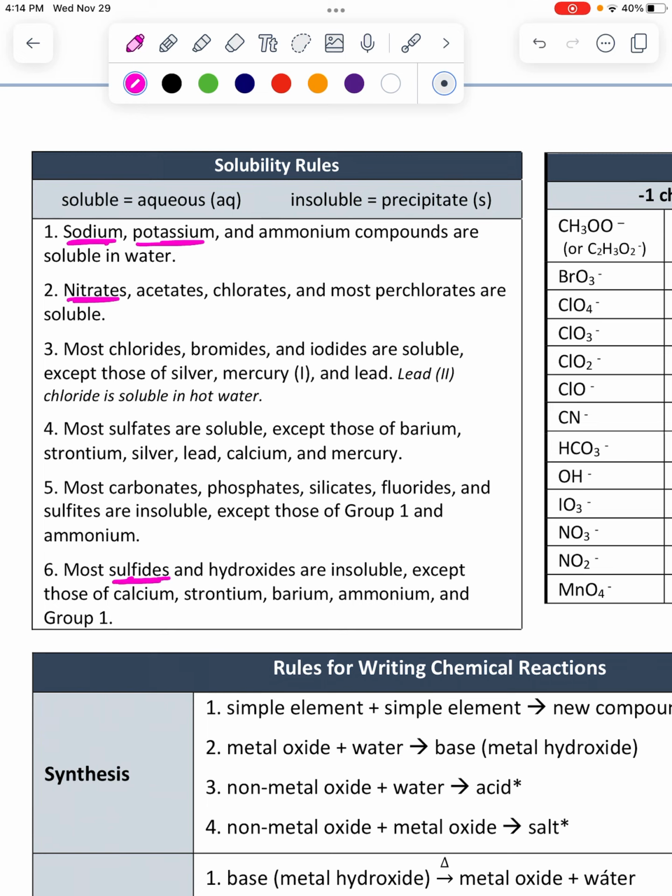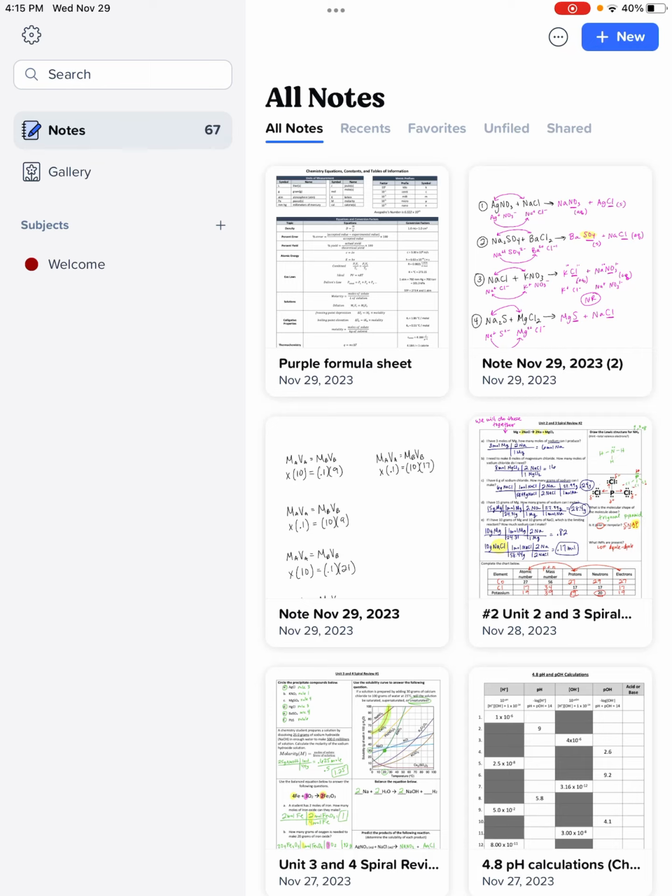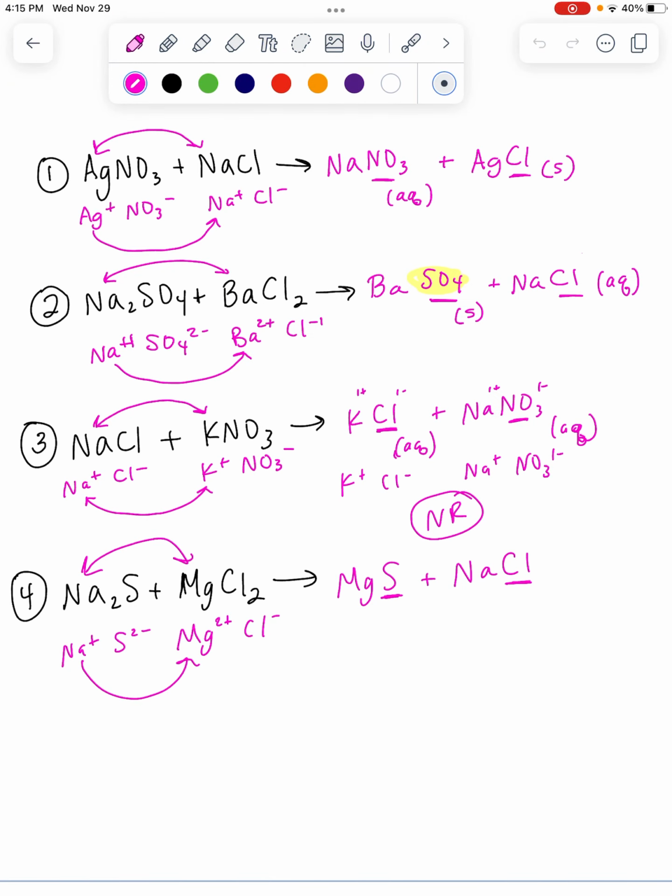So number 6, sulfides are insoluble. There's some exceptions here, but I don't have an exception. Magnesium is not one of those. So that is going to be our insoluble compound. And then just like we've previously determined, all sodiums are soluble, so they get the AQ.